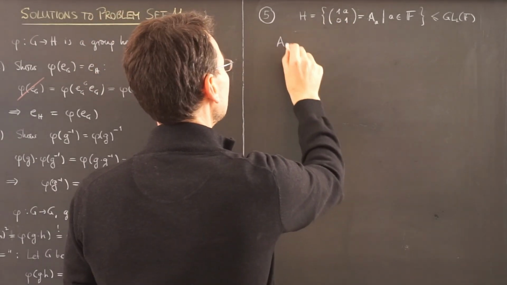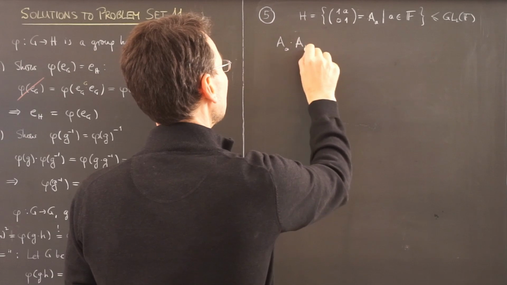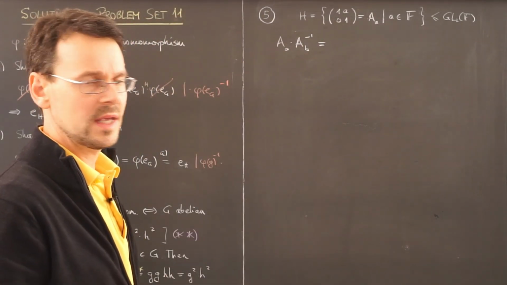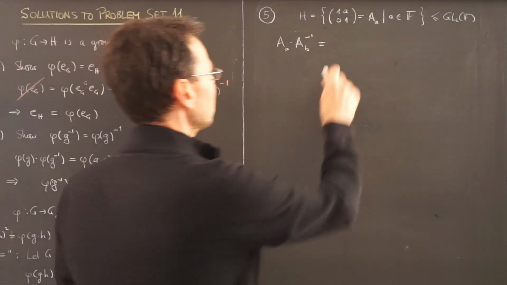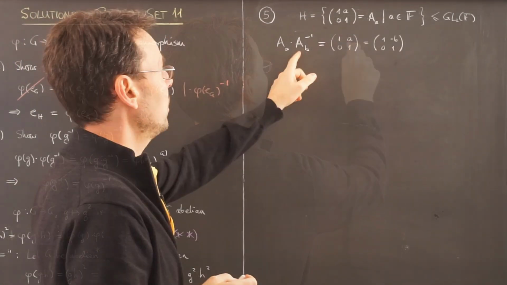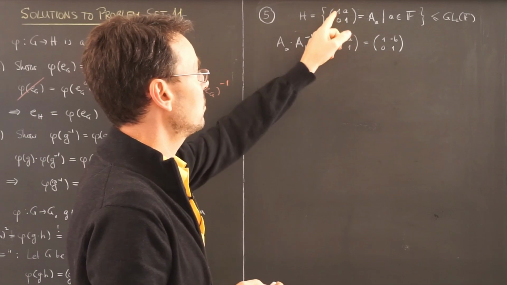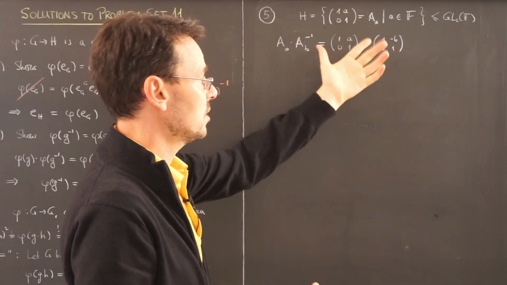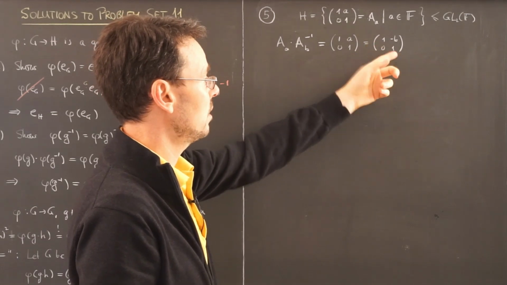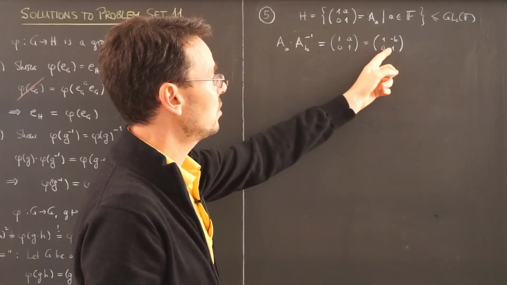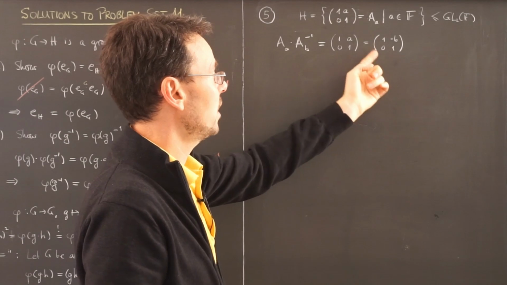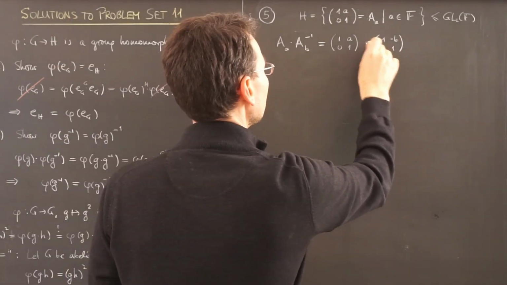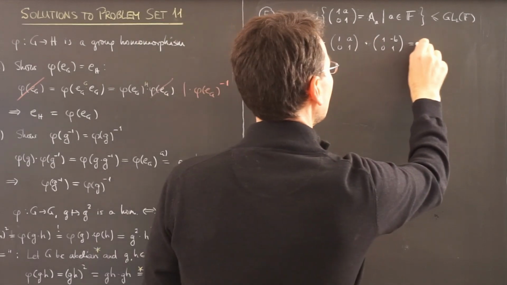And if we take A_a and A_b inverse, well, this argument is not required in the exercise, but I think it's good to do it anyway. The inverse matrix of the matrix (1 b; 0 1) is simply that you interchange these ones here, that has no effect, and you put a minus sign here. Sorry, it's supposed to be that.